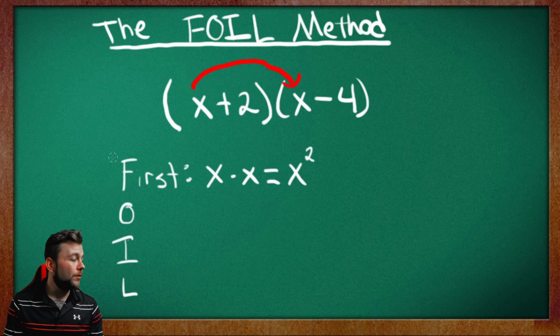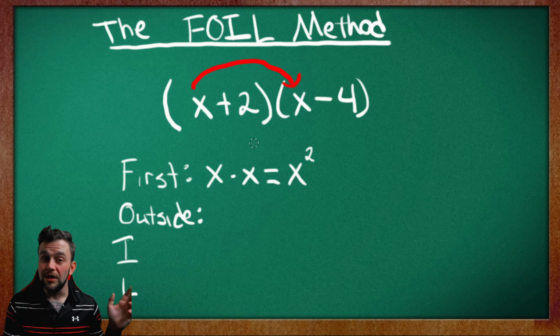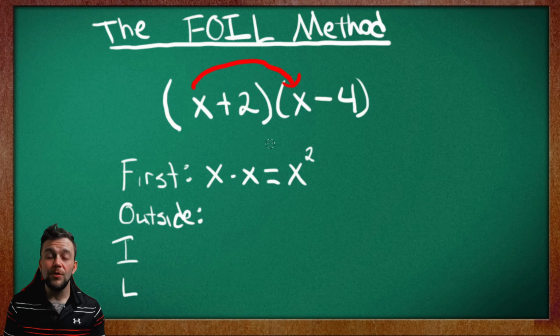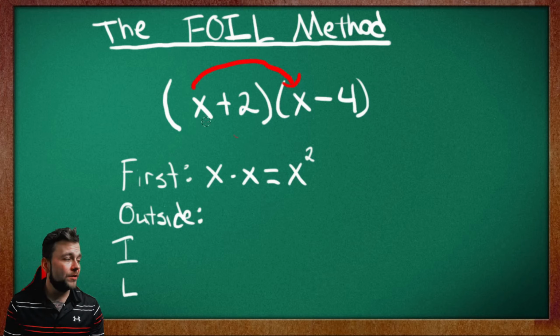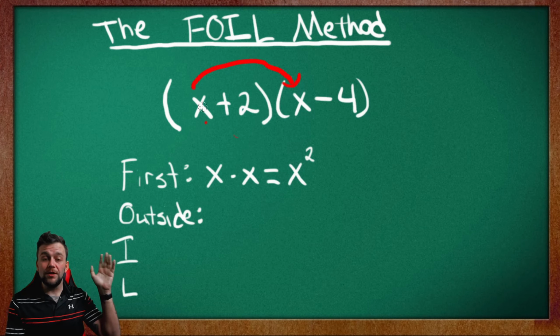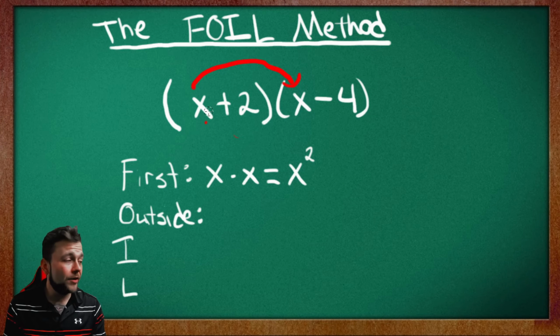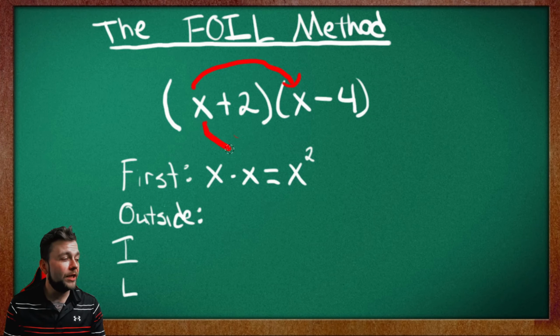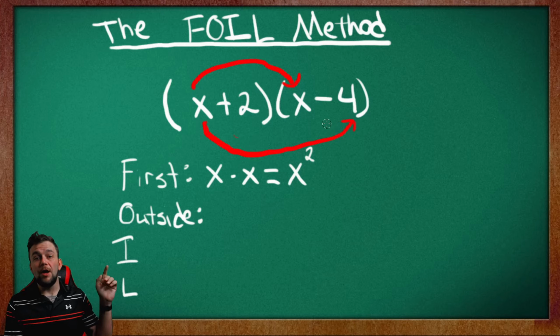Then we move down to our next letter, and that is outside. So what terms do you think we're multiplying here? It's the outside terms. This one is farther out on the left side of the factors, and we're going to multiply that by the outside term on the right side.